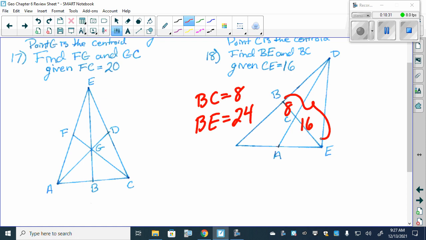So I could take 20 and multiply it by 1/3, or divide it by 3 to find out what the shorter length is. And this would give us 6 and 2/3, or 6.6 repeated.